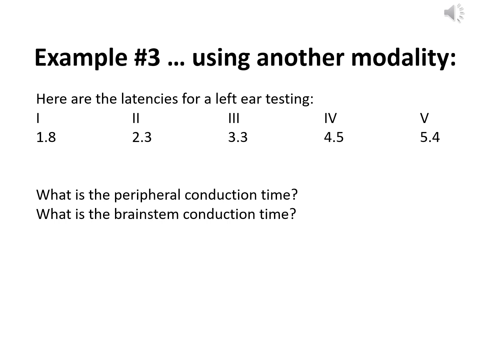This is an example using the auditory brainstem response, where we are given the latencies for waves 1 to 5 for a left ear test, and we're asked what is the peripheral conduction time and what is the brainstem conduction time.